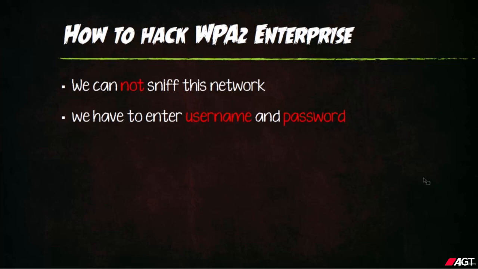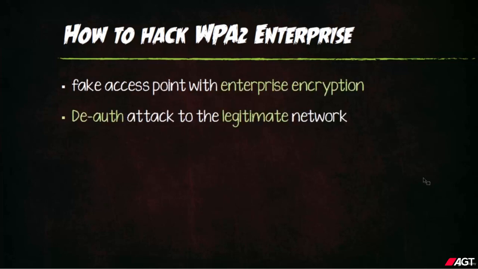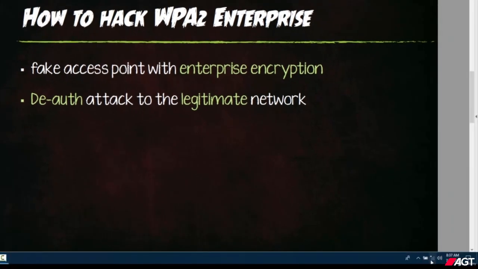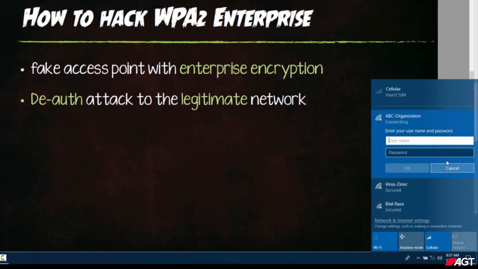The way we can hack this network is by creating a fake access point with enterprise encryption, like the encryption in the legitimate access point, where we have to enter the username and password. We will create a fake access point in a similar manner, where we have to enter the username and password.